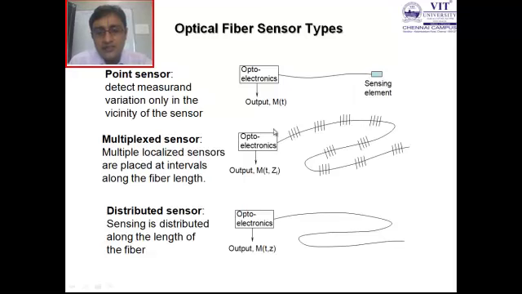In a multiplexed sensor, you may have many sensing elements on one optical fiber, which can respond to many kinds of physical quantities and gives you the outputs of many physical quantities. In a distributed sensor, you can have one sensing parameter but distributed over a whole zone. The sensing is distributed along the length of the fiber, throughout the fiber. Multiplexed, only some regions. Point, only one point or its vicinity.